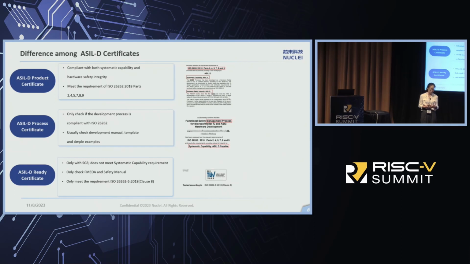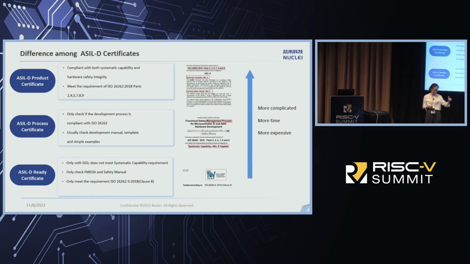The second one is the process certificate. For this certificate, only the development process complying to ISO 26262 is checked, just the systematic part. So usually only the development manuals, templates, and documentation related to the development process will be assessed by the agency. The most complicated and time-consuming one is the product certificate.